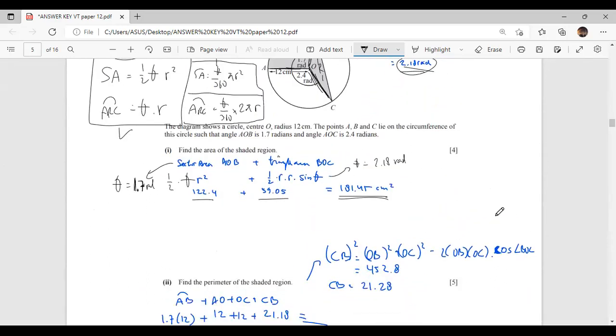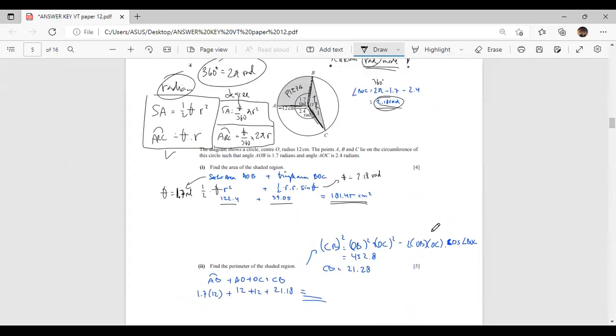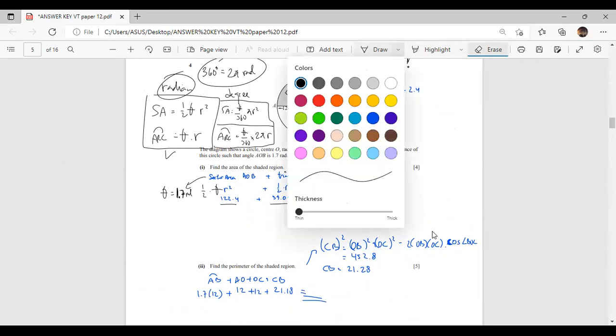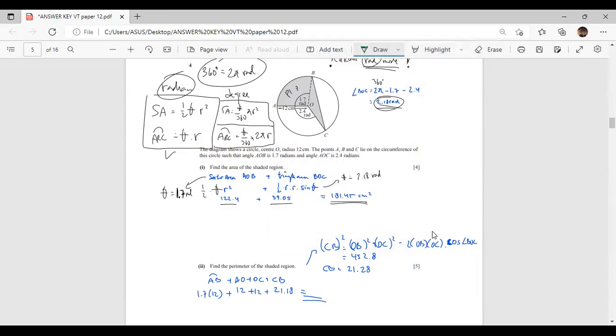And then find the perimeter of the shaded region. Okay, help. It's hard. So to find the perimeter of the shaded region, look at my handwriting, I can erase this. The perimeter is always the outmost part. The outmost part. So you have to pay attention to this plus this.